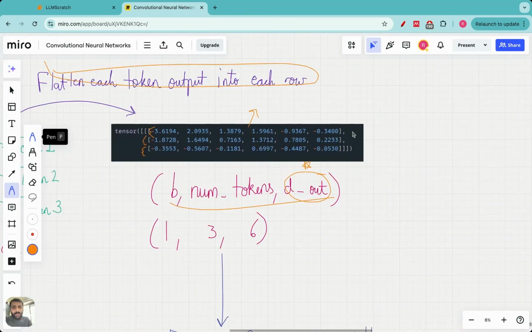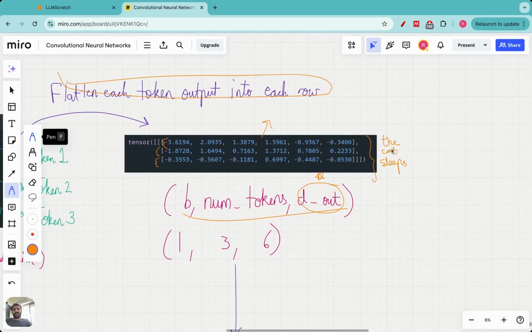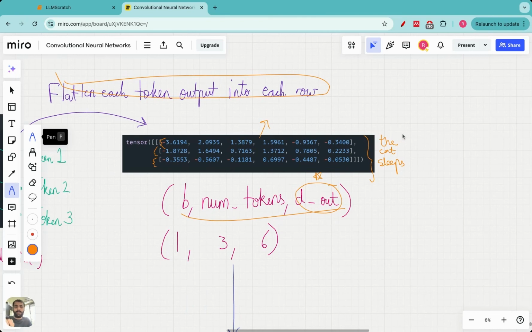And here we saw the multi-head attention for the example which we have. The first token is the, the second token is cat, and the third token is sleeps. So through this entire procedure, we obtained the enriched context vector representations for these tokens.